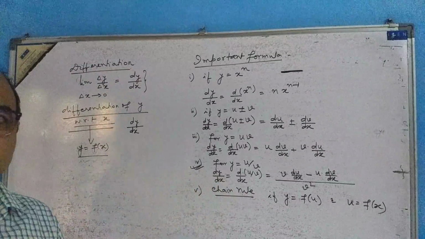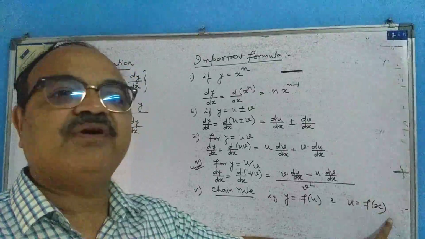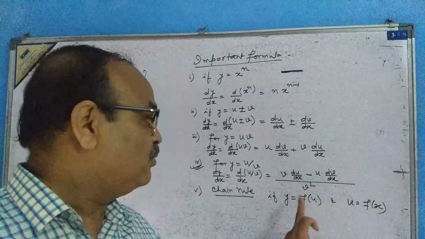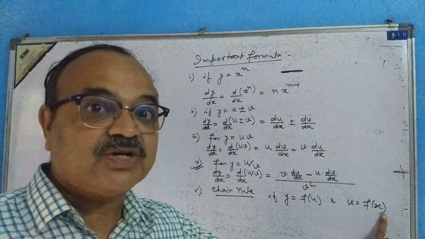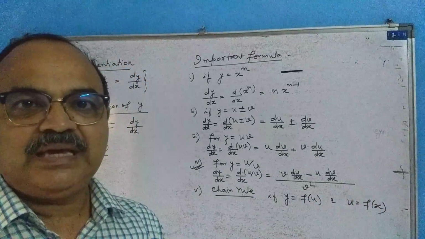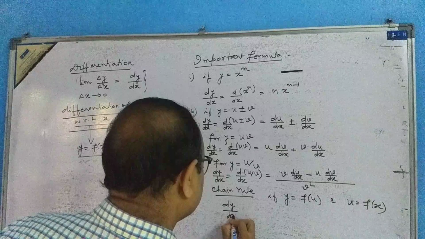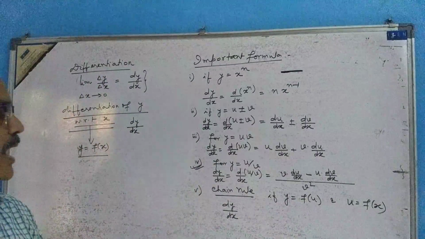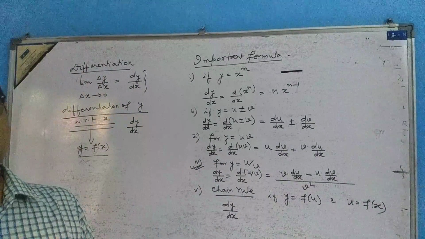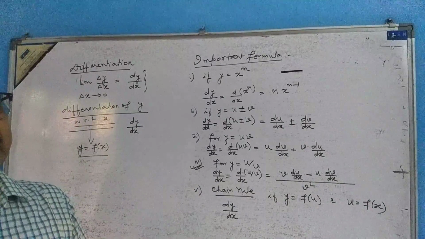But here what happens? y is a function of u and u is a function of x. y is directly not a function of x, it is a function of u. u is a function of x. And suppose I have been asked to differentiate y with respect to x. Follow me? Could you get the situation?